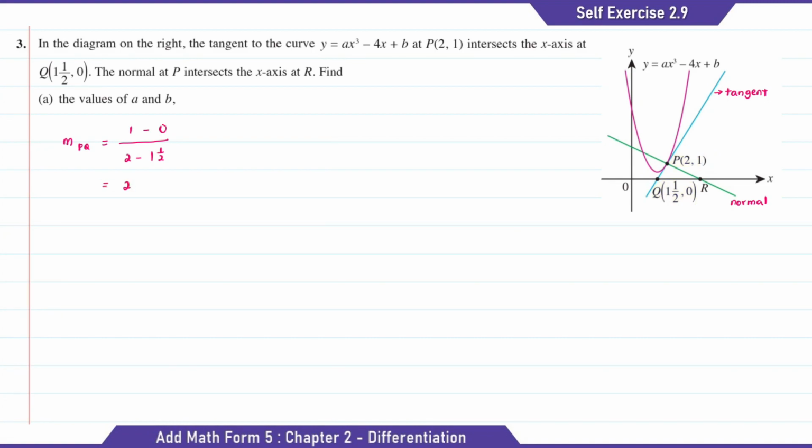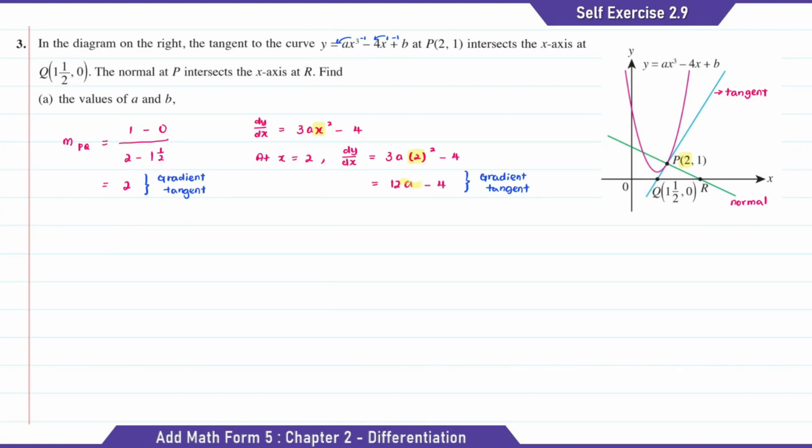We can also find the gradient of the tangent by substituting the x coordinate of point P, which is 2, into dy/dx. dy/dx here is equal to 3ax squared minus 4. Then substitute x equal to 2 into dy/dx. This is equal to 12a minus 4.